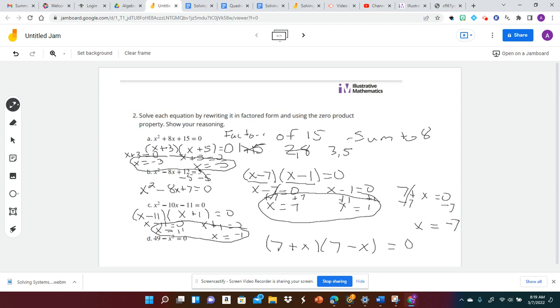And then down here, if we have 7 minus x equals 0, we can actually move the x to the other side. Oops. And that would be 7 equals x. So my two answers here, we would have x equals 7 and also x equals negative 7.